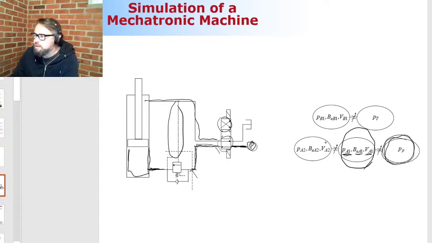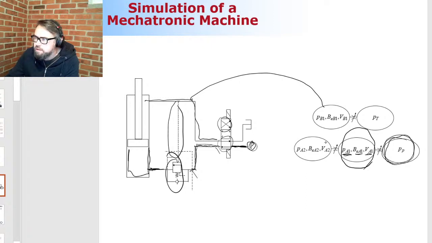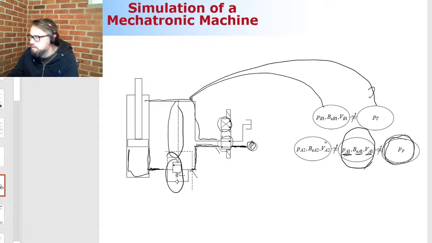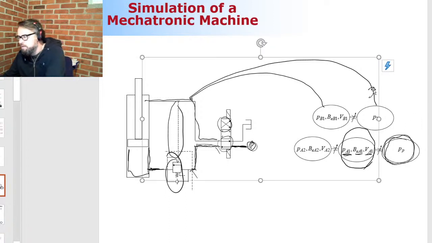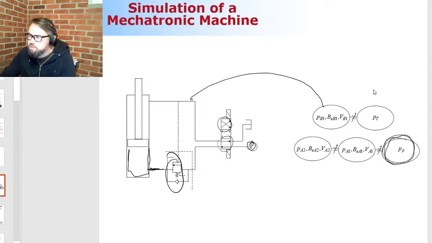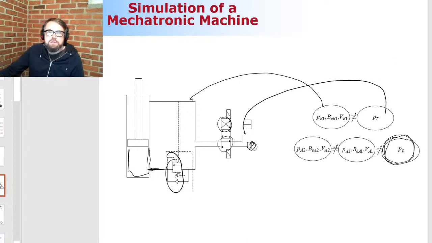It will be accounted for when we look at the size of this throttle, but it's not modeled directly. And again, this one is modeled here. This is a pressure here. This is a pressure here. Excuse me, I need to remove that. So this one is the pressure of the tank.